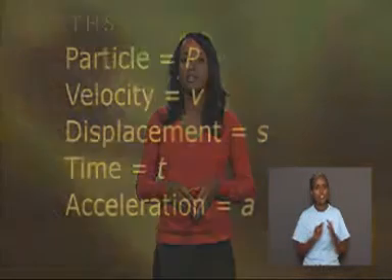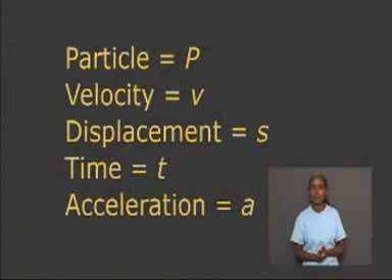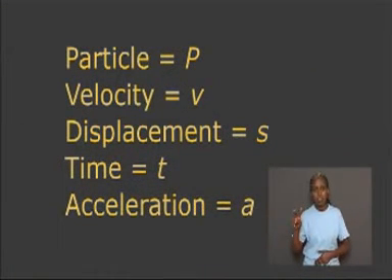We will now discuss the motion of a particle in a straight line. Let us say that the particle is moving from 0 to x. 0 is the starting point. The velocity is the rate of change of displacement with respect to time.